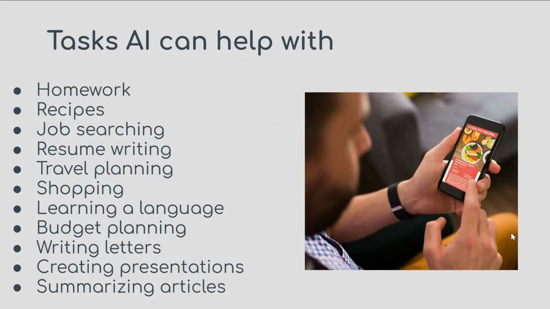So here's a list of some tasks that you may or may not already be using artificial intelligence for. If you or someone in your family or someone in your household is doing homework and needs help with homework for school or learning, recipes, you might be looking for something to cook, something to bake, and you can ask AI to find a specific recipe for you.